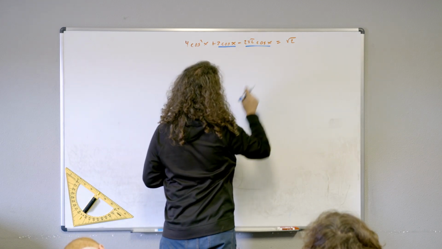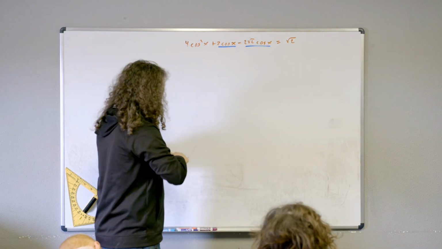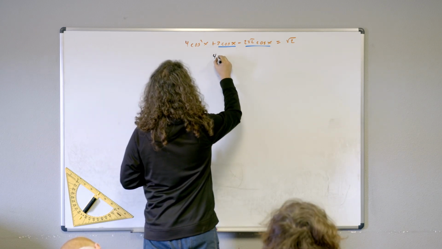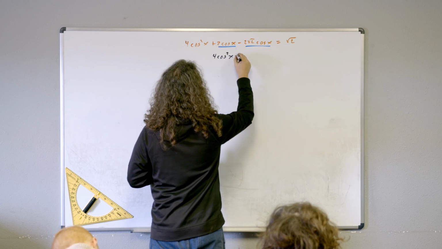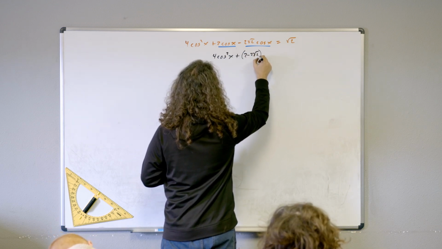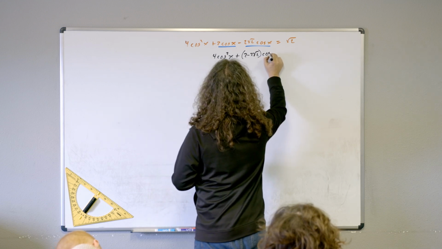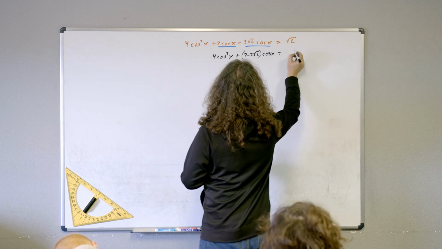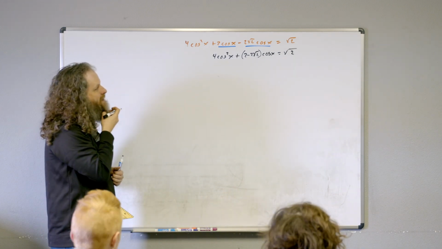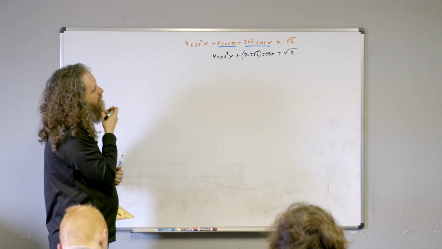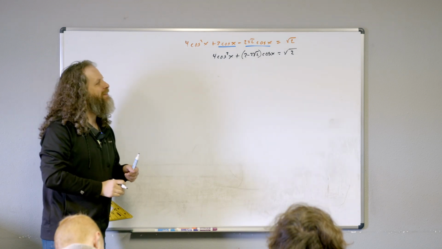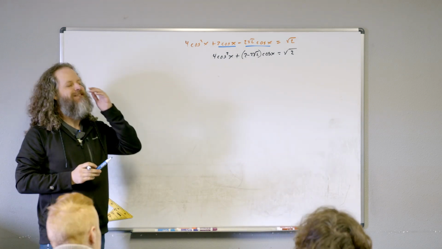But when we combine like terms, it's going to look a little ugly, right? 4 cosine squared x plus 2 minus 2 square root 2 cosine x equals square root 2. Oh my gosh, this problem is way uglier than I thought. It's not going to be that hard, but it's going to be a little confusing.